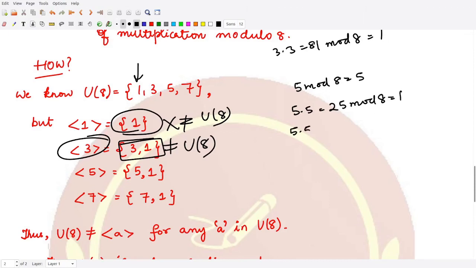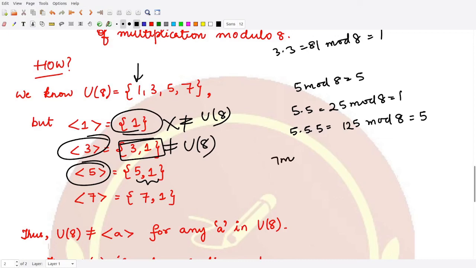Next is 5 into 5 into 5, that is 125, and 125 mod 8 is equal to 5, right? And we keep on doing like this. We have only two numbers, 1 and 5, present in the subgroup formed by the element 5. And the next set is that generated by 7.